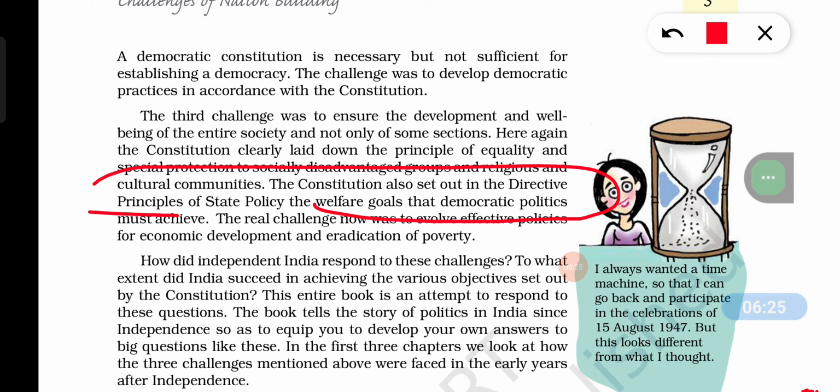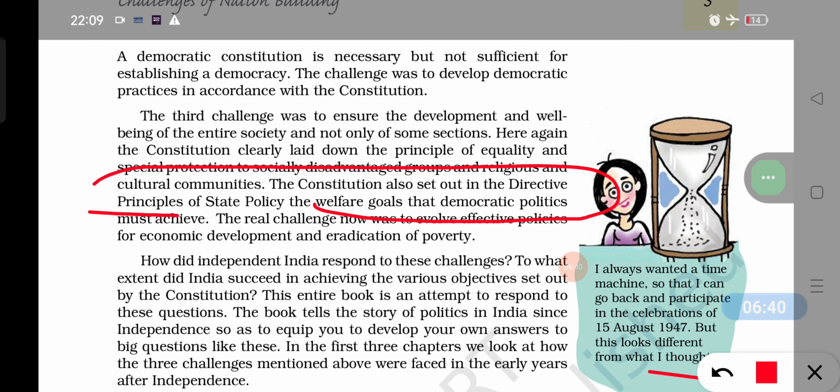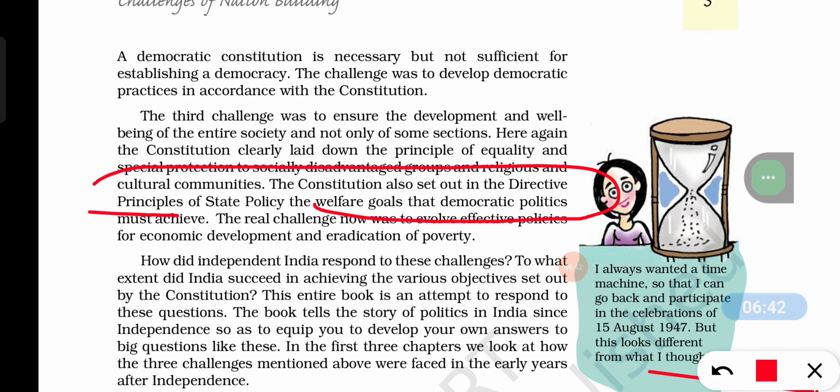Development means all-round development, where no one is denied: lower classes or minorities, all are the same for development. So these are the three challenges of nation building.